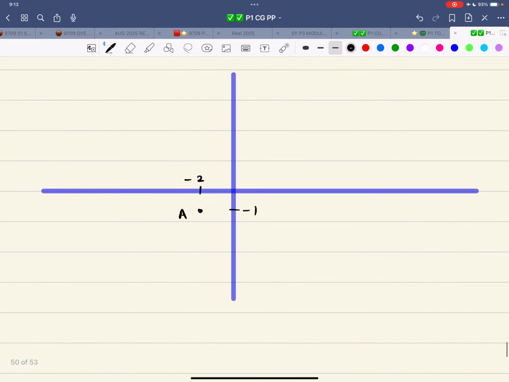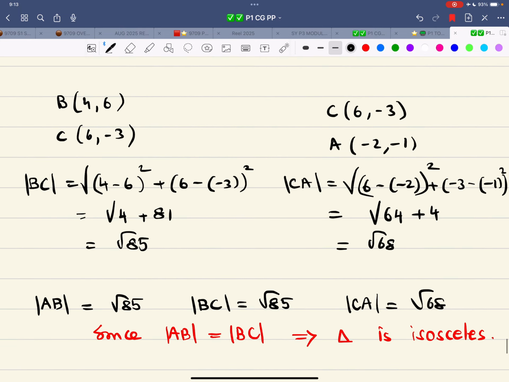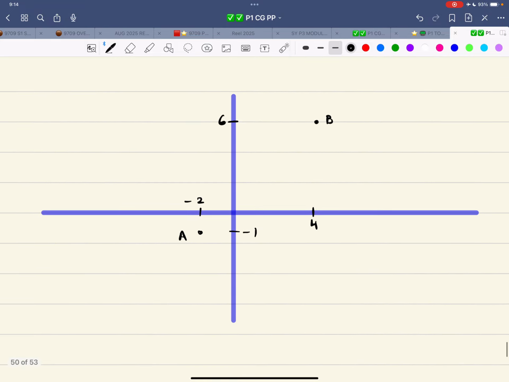So B is somewhere over here. This is 4 and this is 6, something like this. So that is B. And the last but not the least, which is C, (6, -3). So C is 6 and -3 somewhere over here.